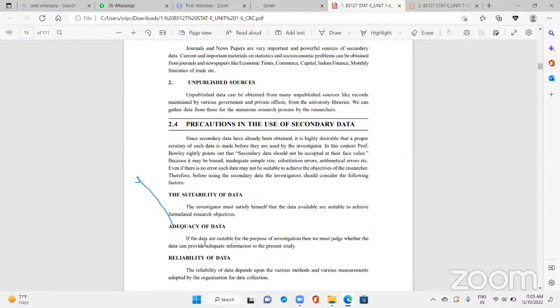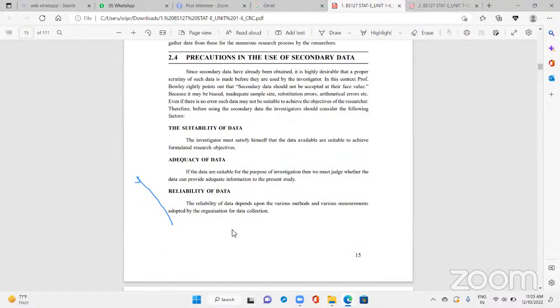Adequacy of data: if the data are suitable for the purpose of investigation, then we must judge whether the data can provide adequate information to the present study. That's the second one. Third one is reliability of data. The reliability of data depends upon the various methods and measurements adopted by the organization for the data collection.